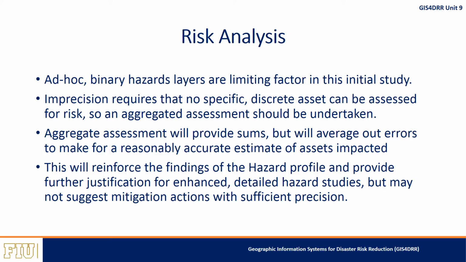So this will reinforce the findings of the hazard profile and provide further justification for enhanced detailed studies, as we identified in each one of them would be advantageous. So it may not suggest mitigation actions because of that lack of precision as well. It could be that the hazard area doesn't extend all the way to where the asset is. So it's just a starting point.